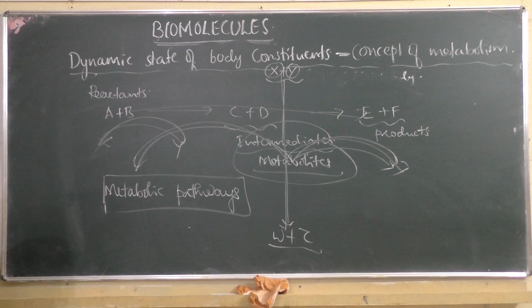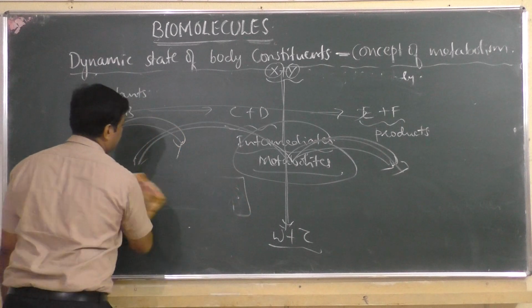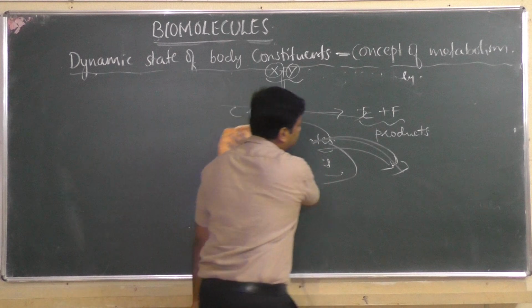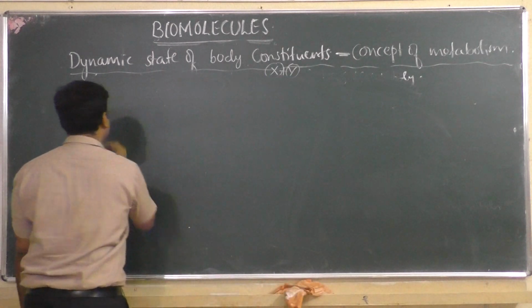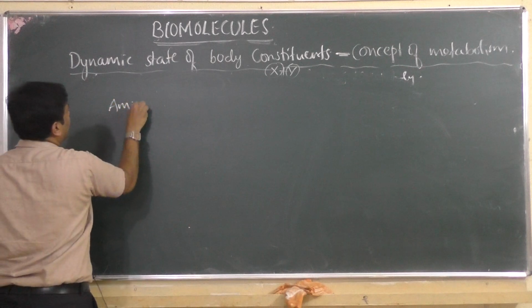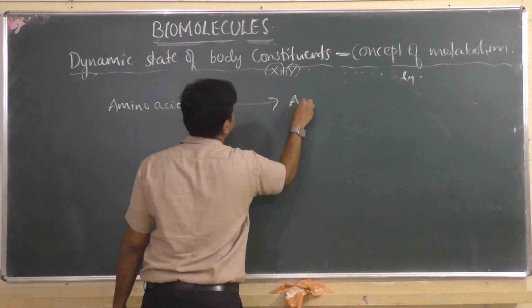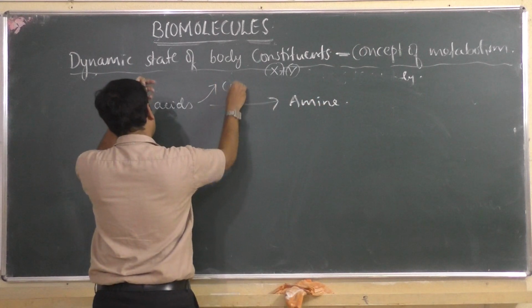Then if you take some examples of transformation of biomolecules, like if you remove carbon dioxide from an amino acid, it becomes an amine. Let us take some reaction examples for metabolism. There are amino acids. Amino acids are converted to amines when you remove carbon dioxide.